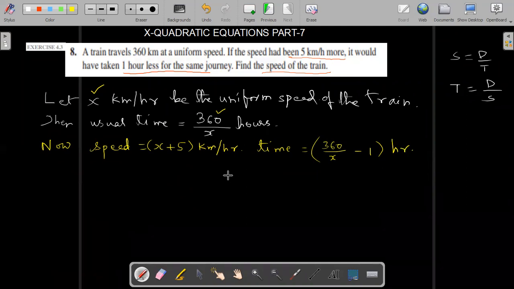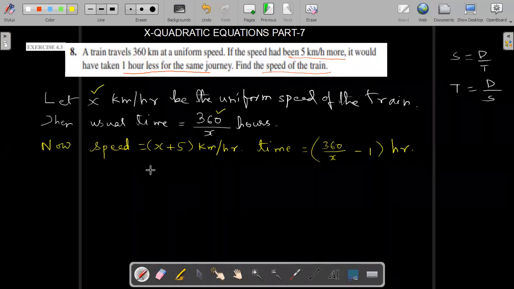Now you can again use speed is equal to distance upon time, or time is equal to distance upon speed. Same thing. So time, 360 by x minus 1, is equal to distance upon speed.